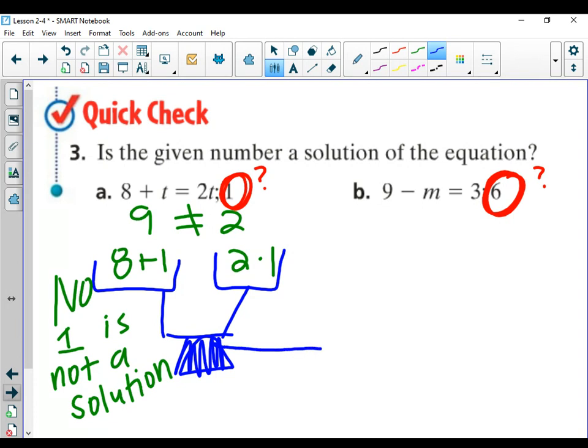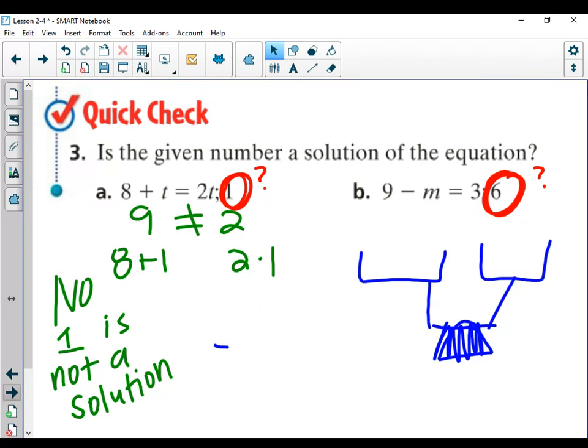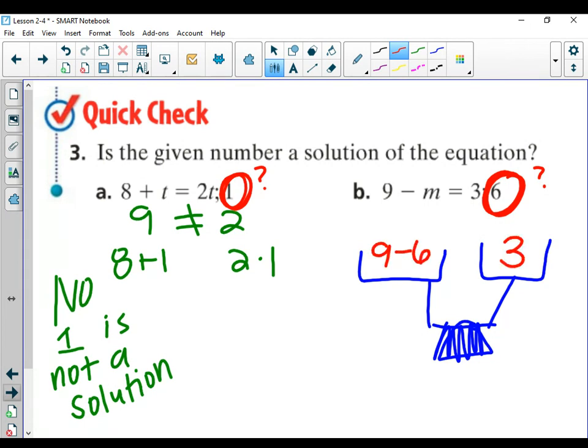Move my balance over to the next side. Is 6 going to fit in the spot of the variable? 9 minus 6 is 3.